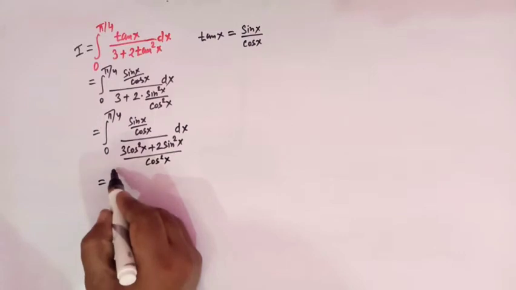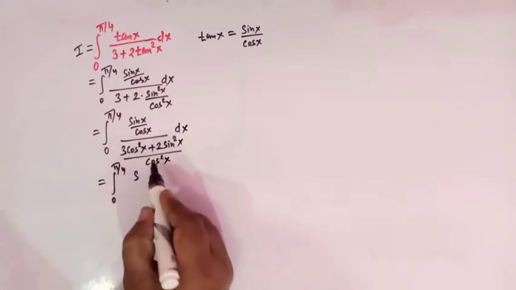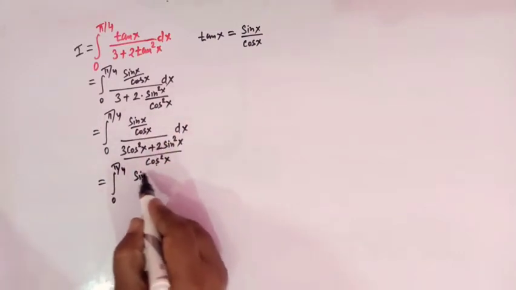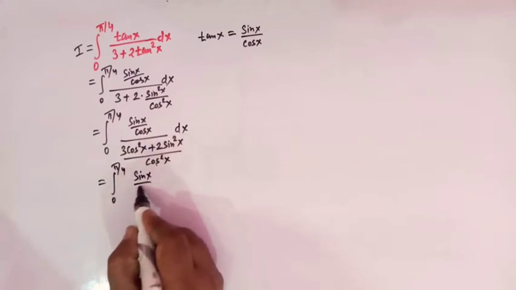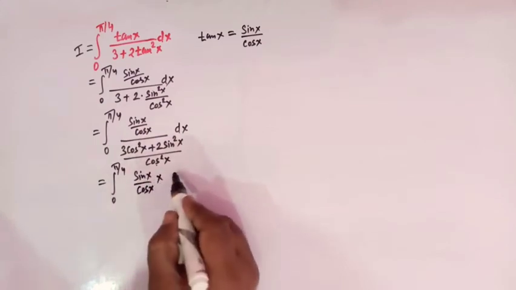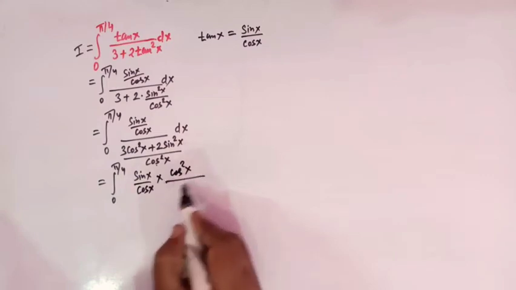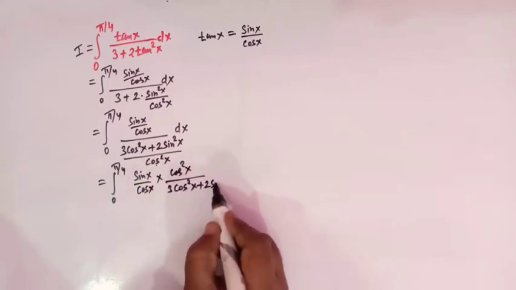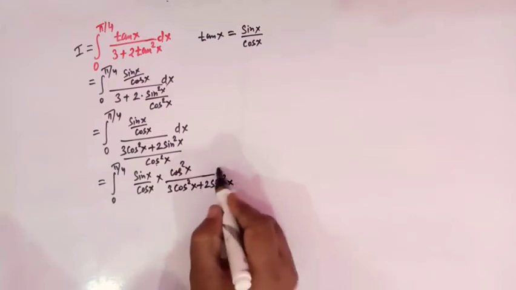Now we can take this cos square x to the numerator. So we have sin x over cos x times cos square x over 3 cos square x plus 2 sin square x, right?